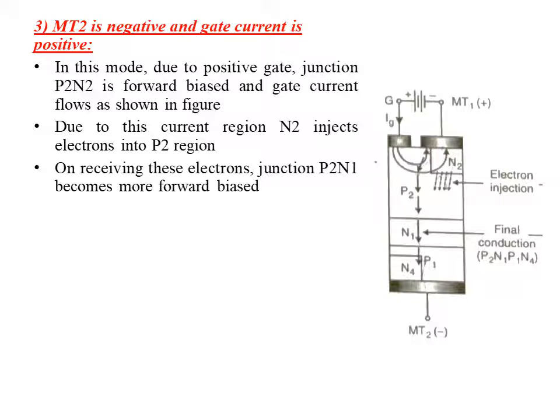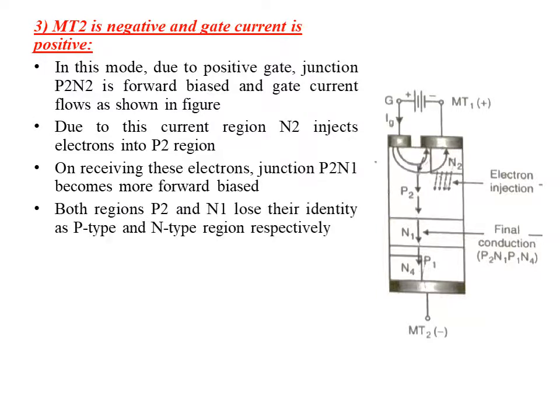On receiving these electrons, junction P2 N1 becomes more forward biased, because the electrons from N2 penetrate into P2 and from P2 into N1. That means the junction P2 N1 becomes more forward biased because the electrons are injected from N2 to P2, and from P2 to N1, as shown in the figure on the right hand side.